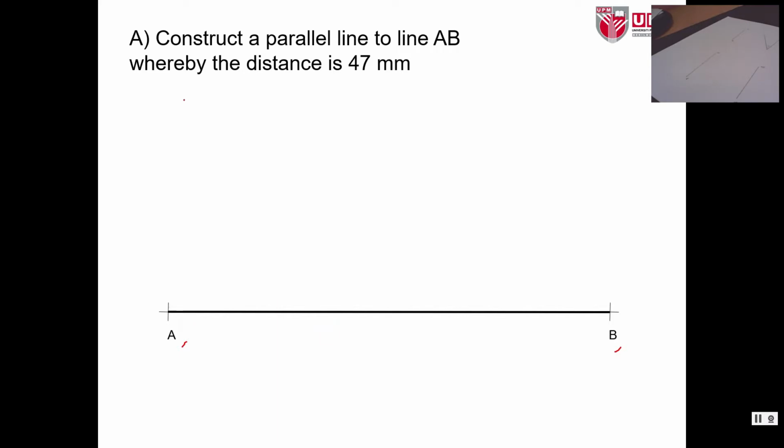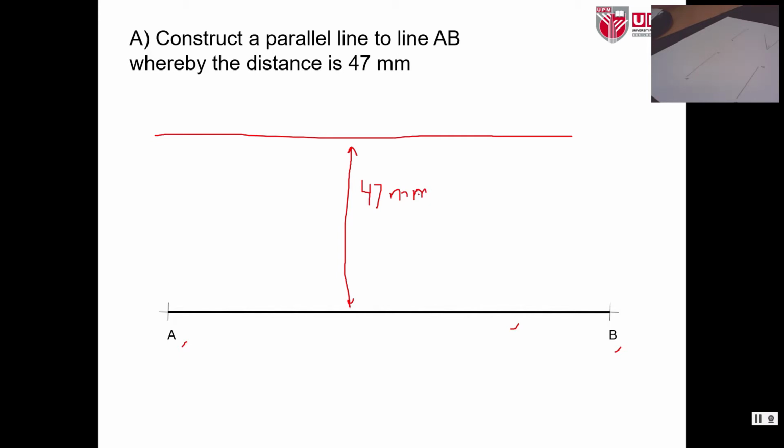So the instruction is to construct a parallel line to line AB, where the distance is 47. So the distance between both of these lines is 47 mm.